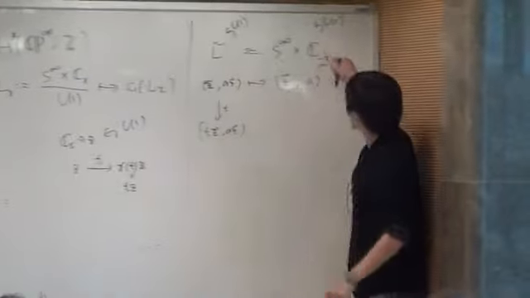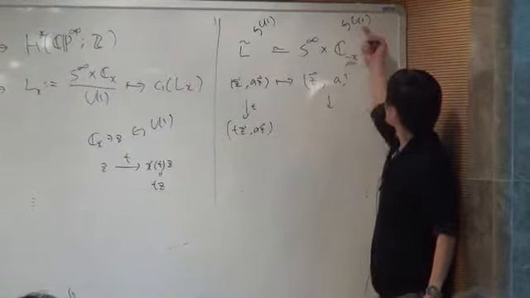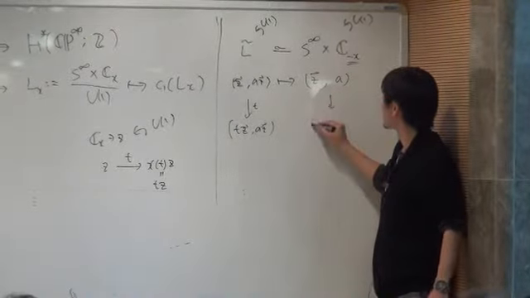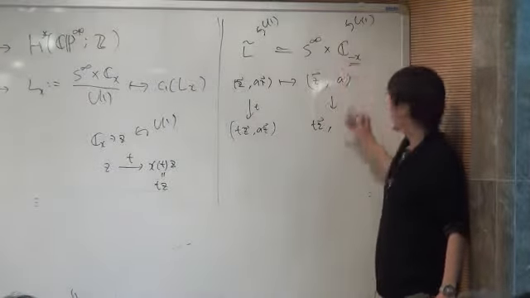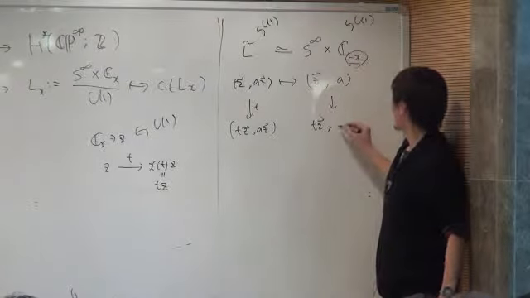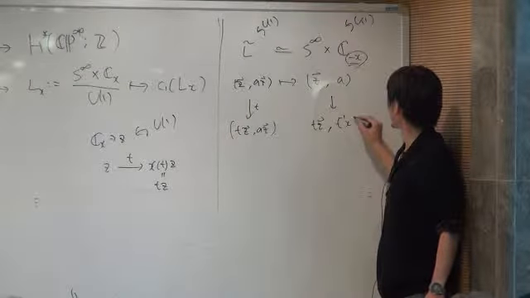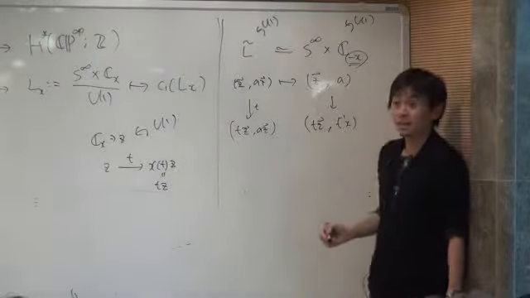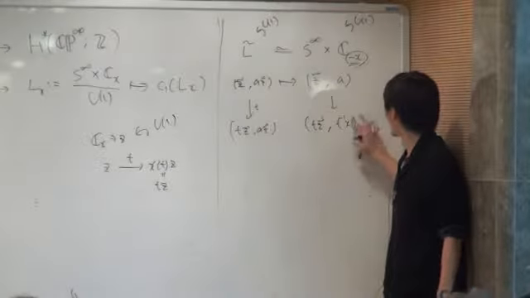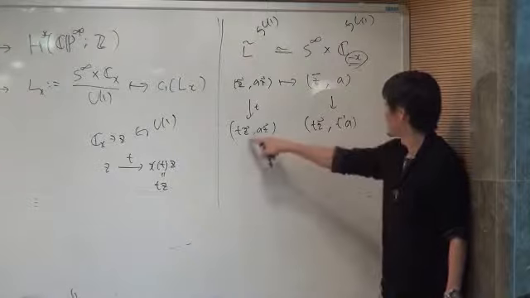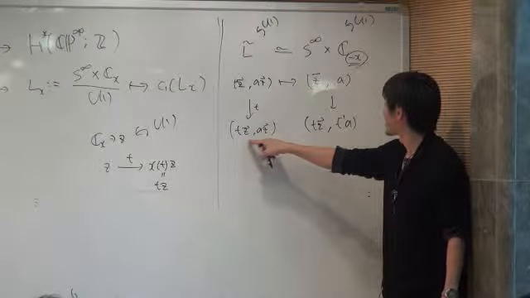On the other side, T acts on Z by just multiplication, but T acts on this A by T inverse. That's why I put minus X. So now I think this works, right?